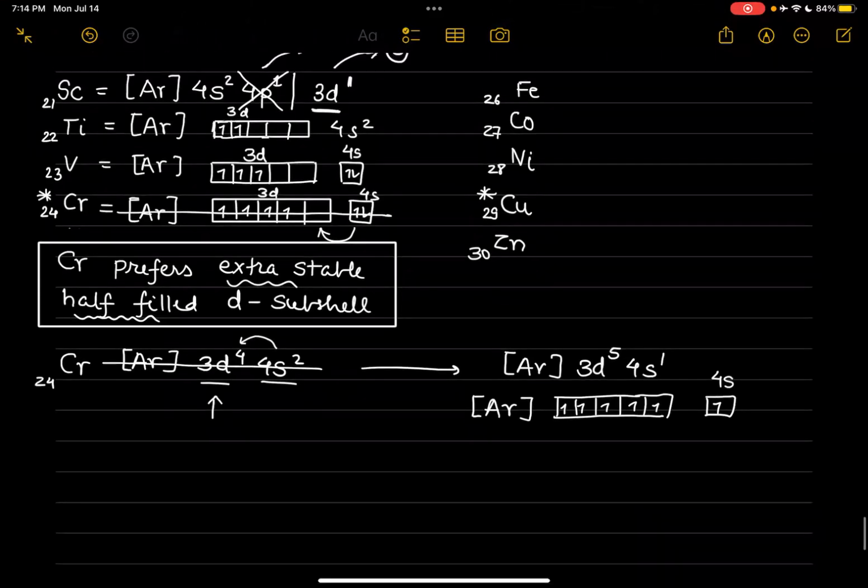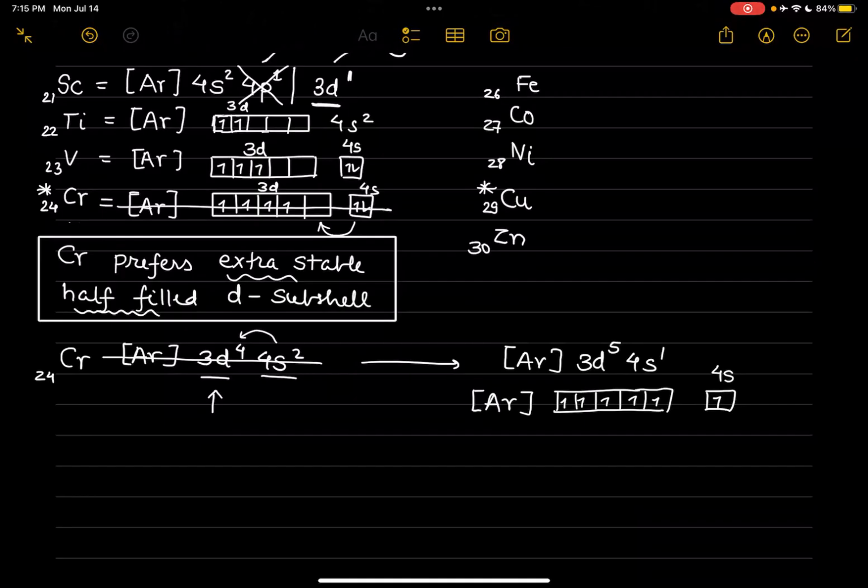You can't get that electron from outside, so you move it from the outermost 4s to the inner 3d to make it half filled. Why did you do it? You will write: due to extra stability of half-filled d subshell. Is it clear?